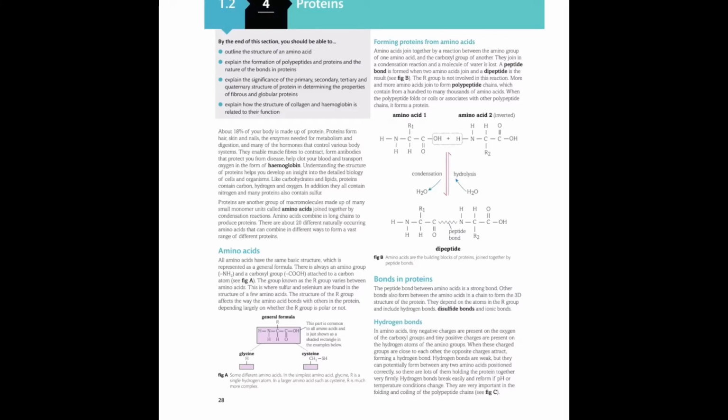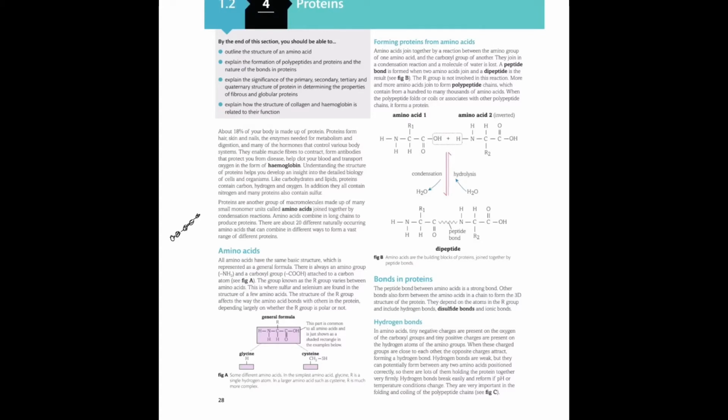So they're saying that amino acid, so on, that will make a protein. Amino acids combine in long chains to produce proteins. There are about 20 different naturally occurring amino acids that can combine in different ways to form a vast range of different proteins.